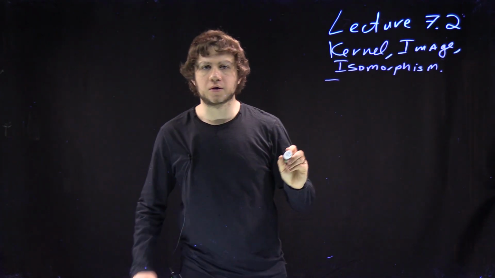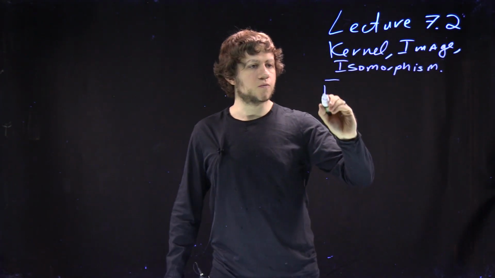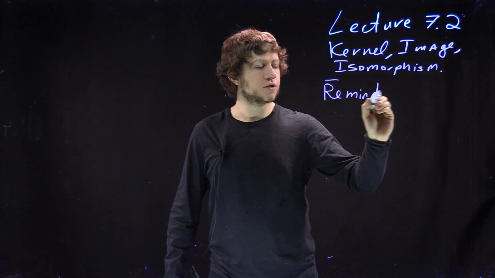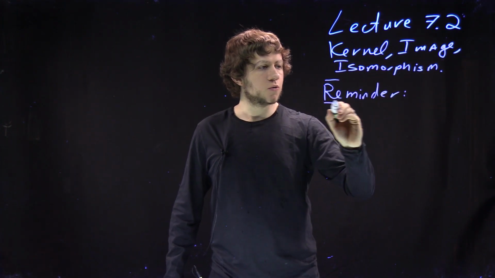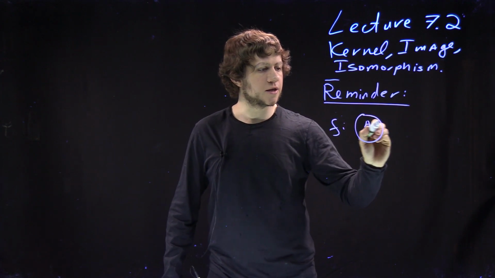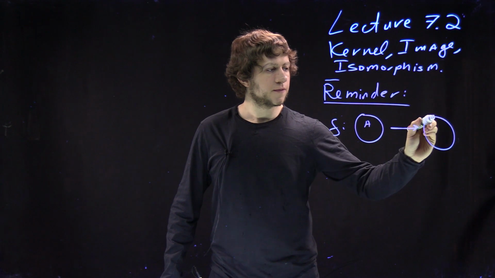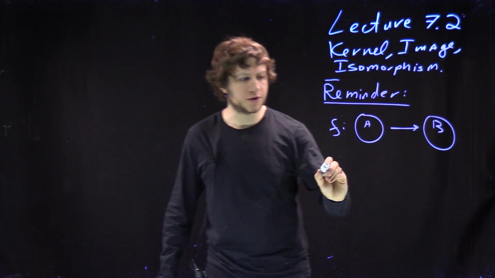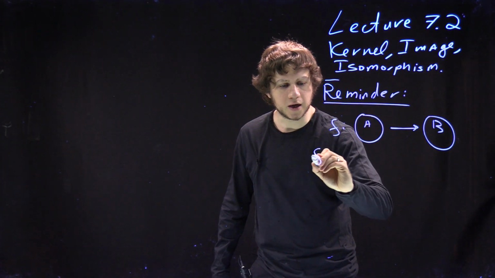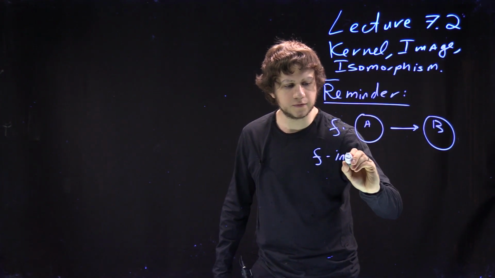Okay, so let me remind you the following well-known definitions. When we have a map F between two sets A and B, there are three important definitions. So there is a notion of F being injective.